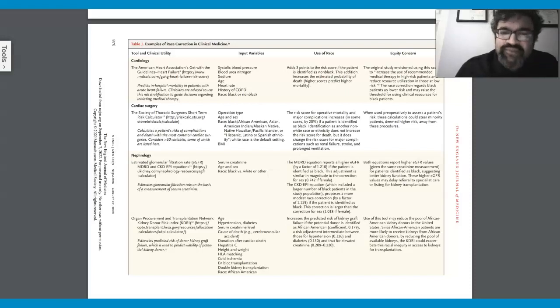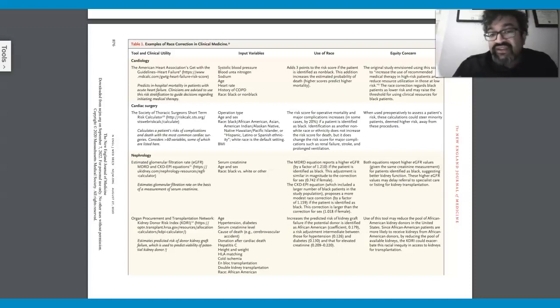Some of the input variables are systolic blood pressure for heart failure, blood urea nitrogen, because you have to monitor the kidneys, sodium, age, heart rate, history of COPD, Black or non-Black. Add 3 points to the risk score if the patient is identified as non-Black. This addition increases the estimated probability of death among non-Black individuals.